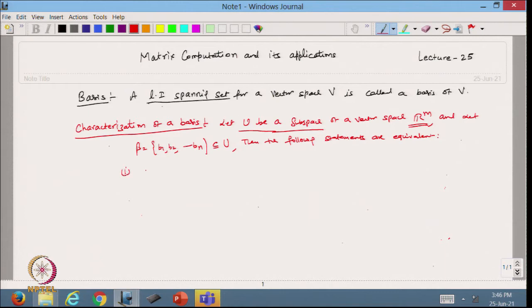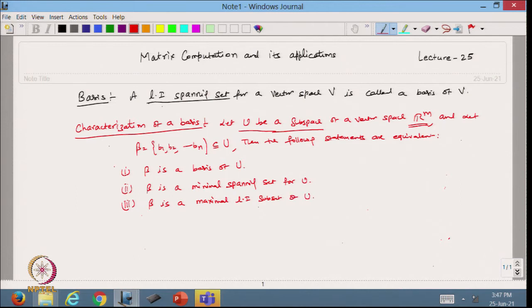The first one is that beta is a basis of U. Second, beta is a minimal spanning set for U, and the third one is that beta is a maximal linearly independent subset of U. So, all these three statements are equivalent.